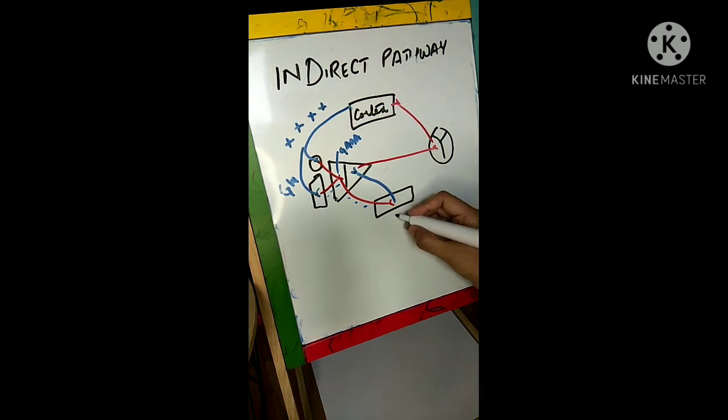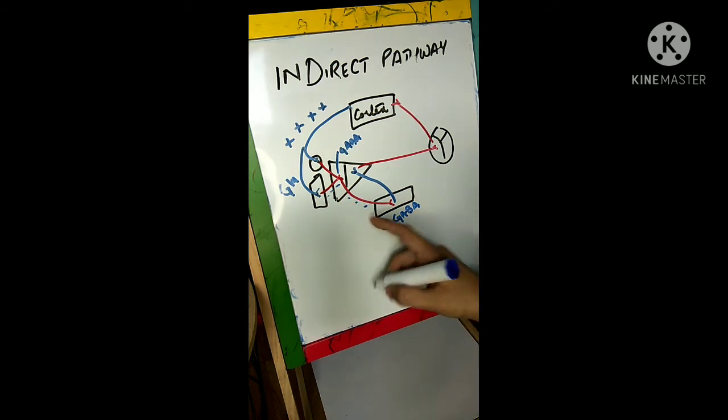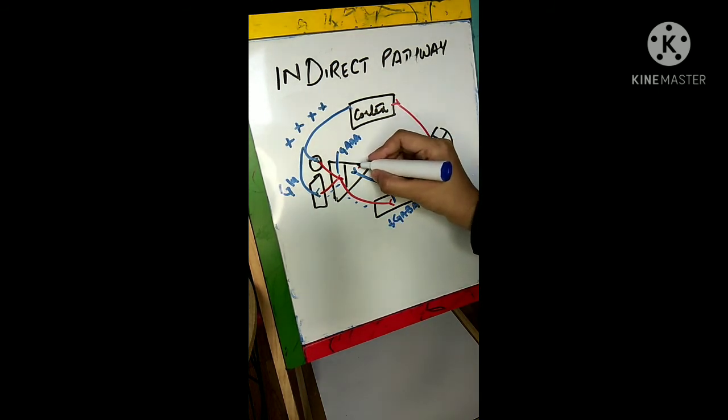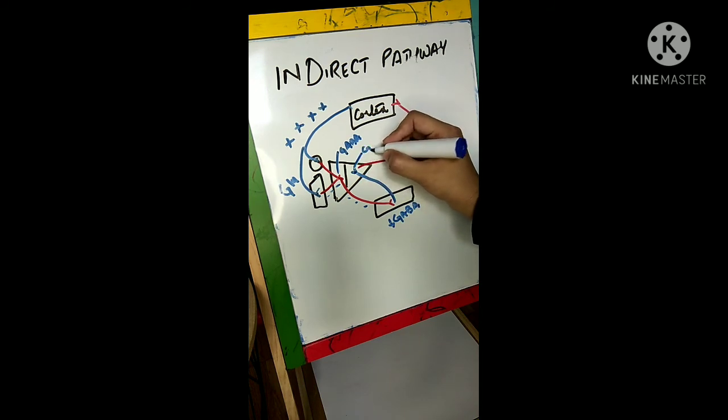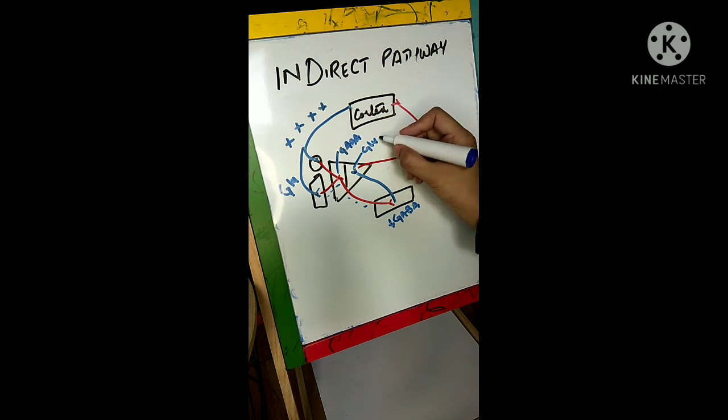So when there is reduced GABA release from the subthalamus, there will be reduced inhibition, and hence there will be more glutamate release at the globus pallidus internus.